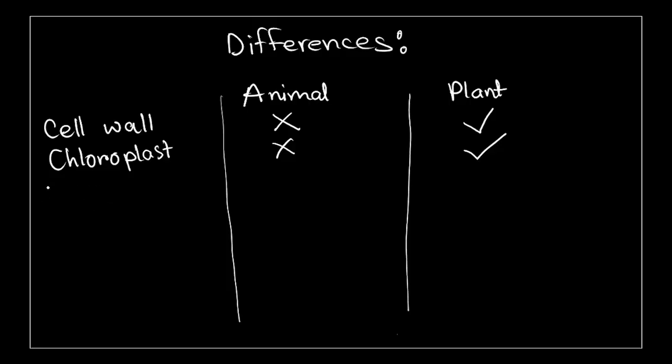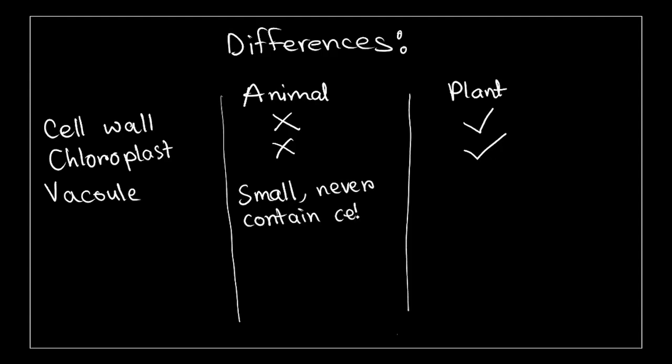Okay, let's just write vacuole. Animal cells have a small one, and they never contain cell sap. But plant cells have a large and permanent one.